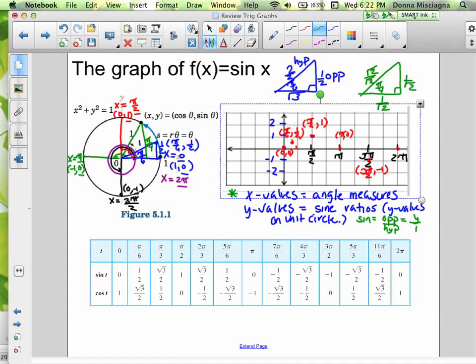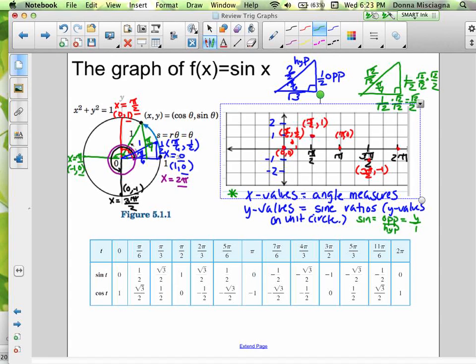We should really rationalize that. Can I fit it in? Yeah, there we go. So now this point is going to be, so the angle was pi fourths.